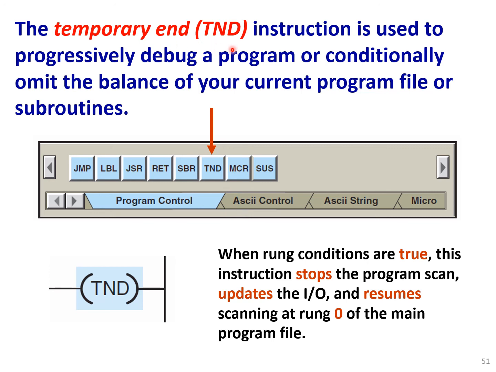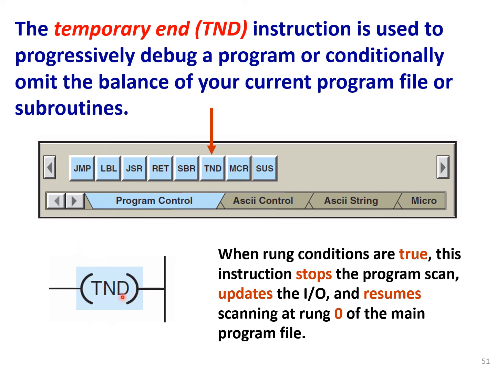The temporary end TND instruction is used to progressively debug a program or conditionally omit the balance of your current program file or subroutine. When run conditions are true, this instruction stops the program scan, updates the I/O, and resumes scanning at rung zero of the main program file. So basically, it's good for debugging.